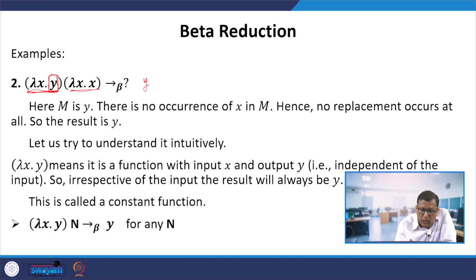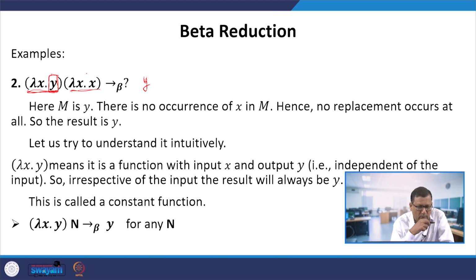If no replacement is possible, then we keep it as it is. If there is any free occurrence of x in the body, that will be replaced by n. Since there is no free occurrence, it will be untouched. That means this entire term reduces to y.